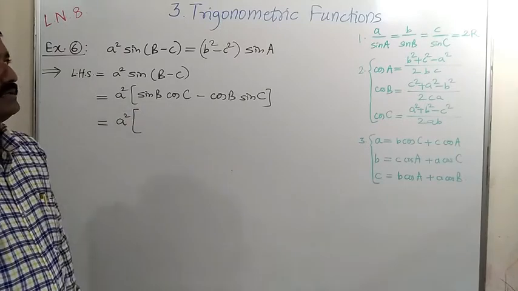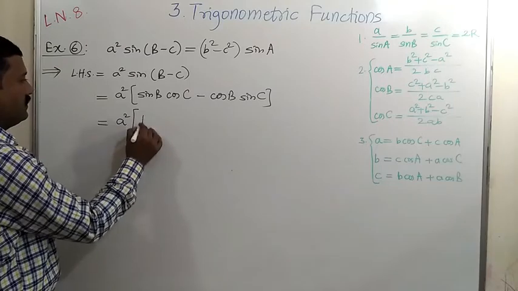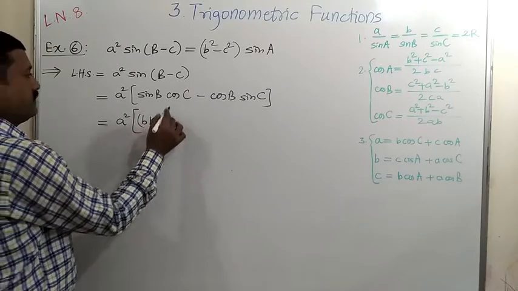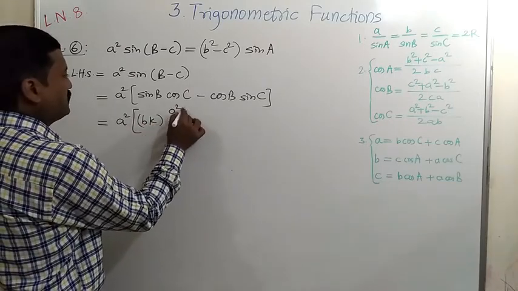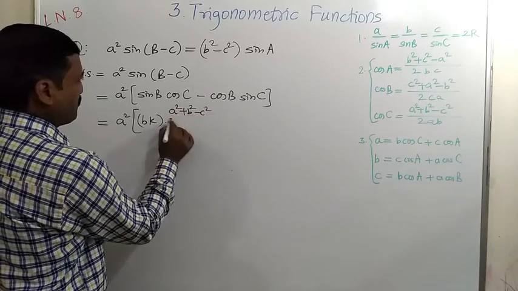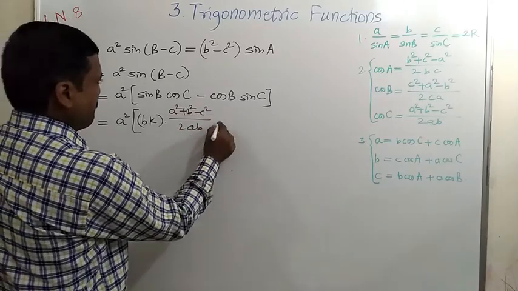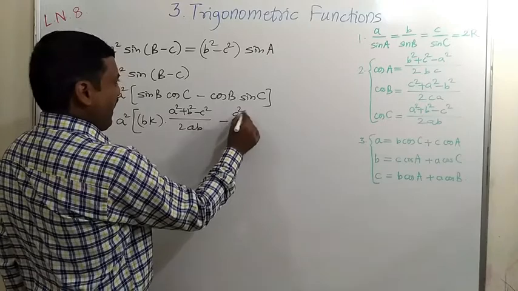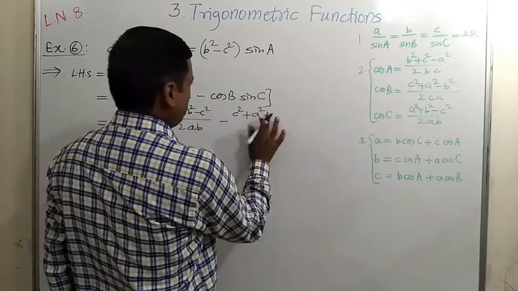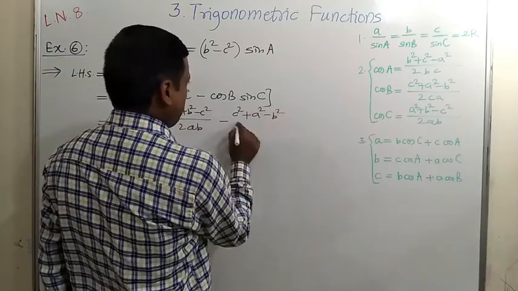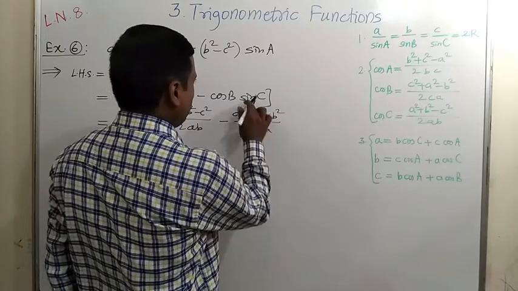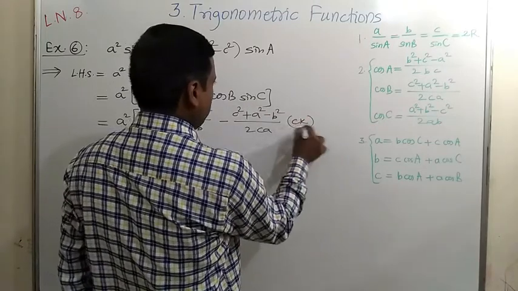For sine B, we get BK. For cos C, it is A square plus B square minus C square upon twice AB. Minus cos B is C square plus A square minus B square upon twice CA, and sin C is CK.